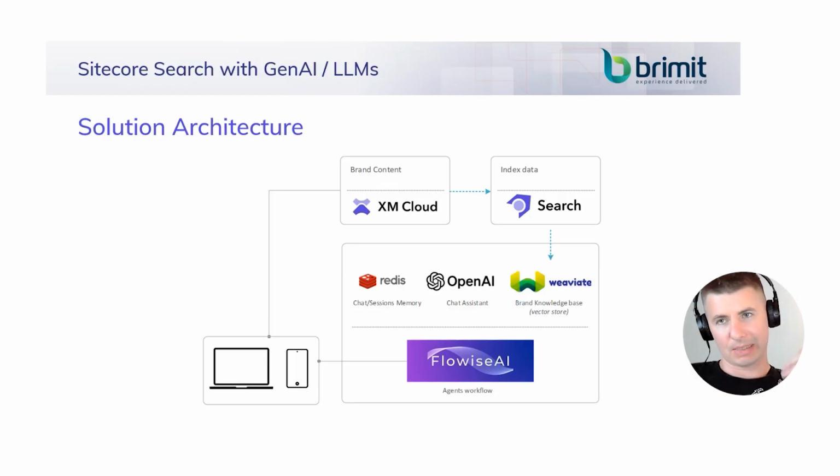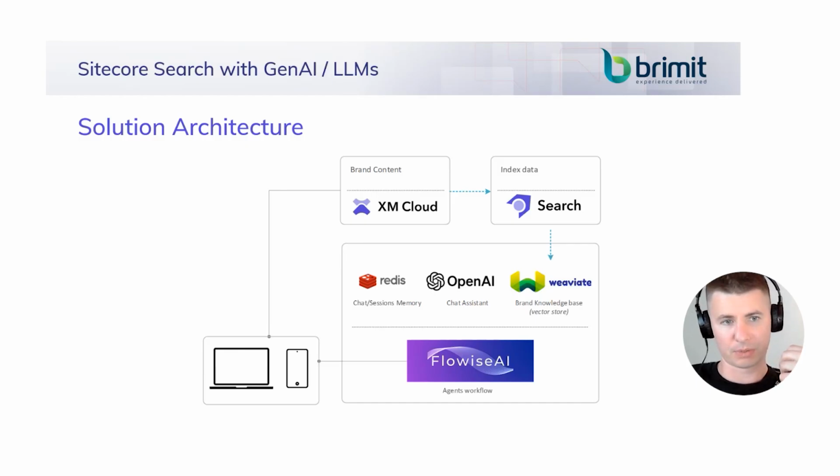So here you can see the solution architecture of our AI assistant workflow. We manage the content of our products in XM Cloud. And then we push this information into a separate Sitecore Search index. Next, we need to create an embedding from this index data.